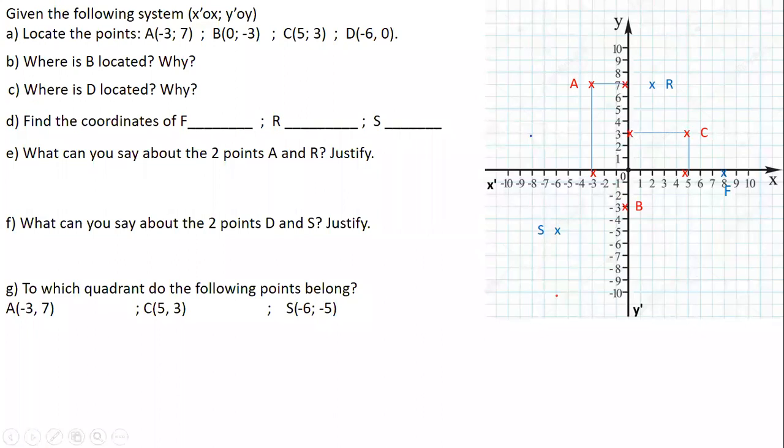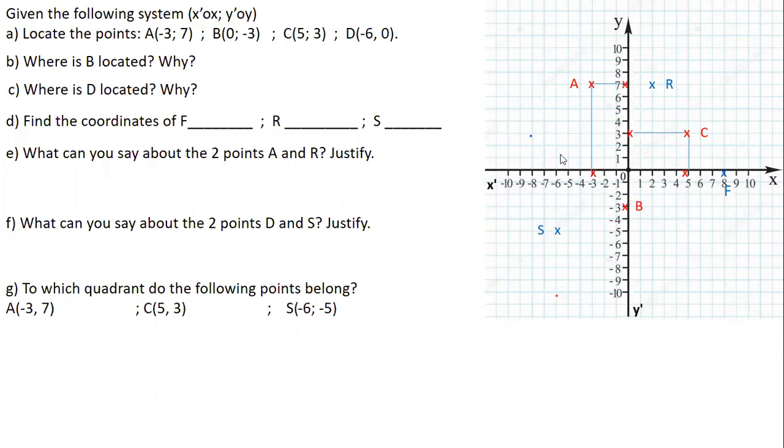Now let me move to Selena. Selena. Jude. Yes, miss. Point D, (-6, 0). It has 0 ordinate, so it will be located where? X prime O X. Bravo.